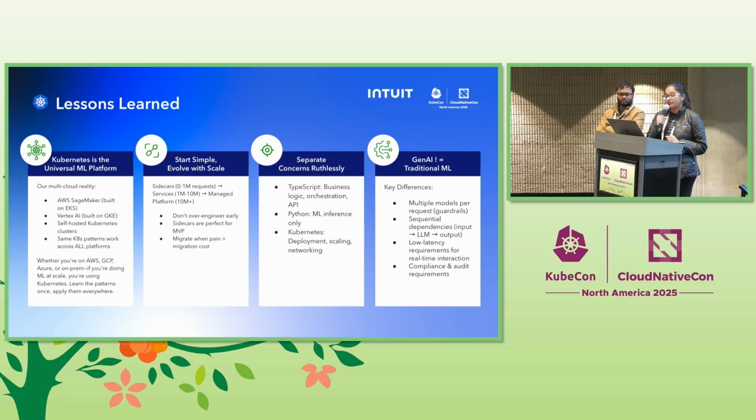The next one we wanted to leave you with is that generative AI is a little different from traditional ML, and it brings a lot of requirements. One of the key requirements is that every particular request has to go through multiple models. Every request has to run through multiple guardrails.